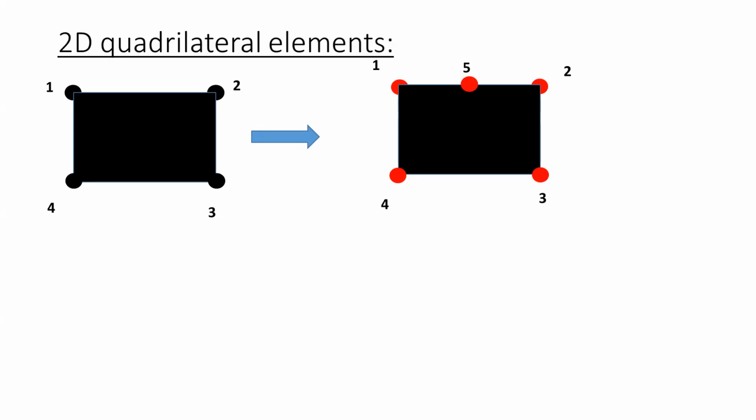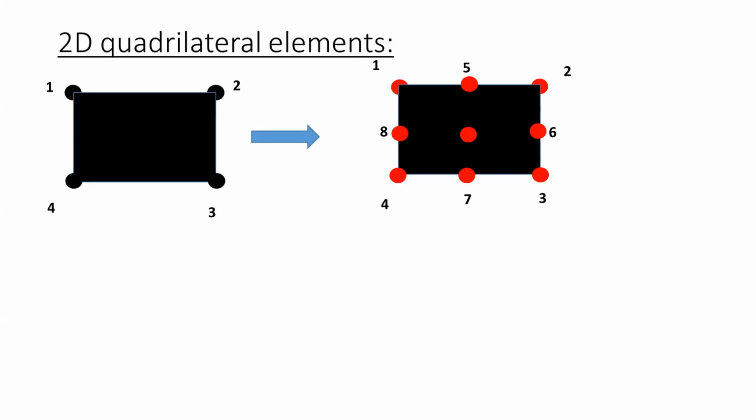For the case where the 5th node is present, the degree of freedom is going to be 5. Similarly, I can place a 6th node over here. The degree of freedom is going to be 6. A 7th node over here, the degree of freedom is going to be 7. An 8th node at the left, the degree of freedom is going to be 8. And the 9th node at the center, the degree of freedom now is going to be 9.